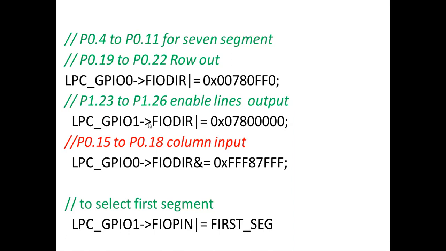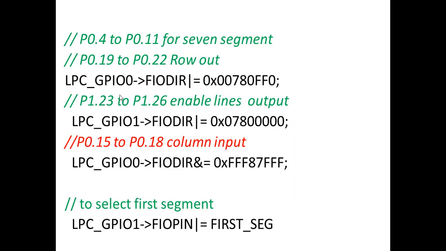Similarly, for port 1, P1.23, that means the 23rd pin to the 26th pin of port 1, is also acting as an output line in order to enable one 7-segment display among the 4.